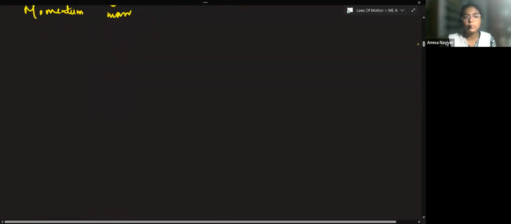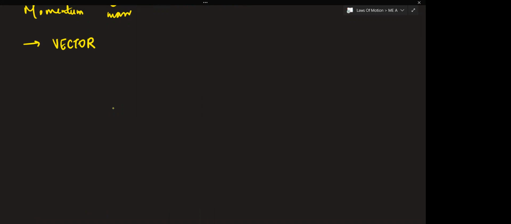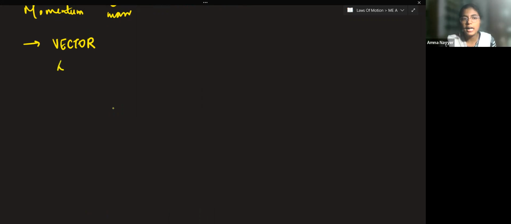Momentum is a vector quantity. And if it's a vector quantity, will it have a direction or not? Yes, definitely. Vector quantities have direction. The direction of momentum is easy to remember, because whatever is the direction of velocity, exactly that is the direction of momentum.